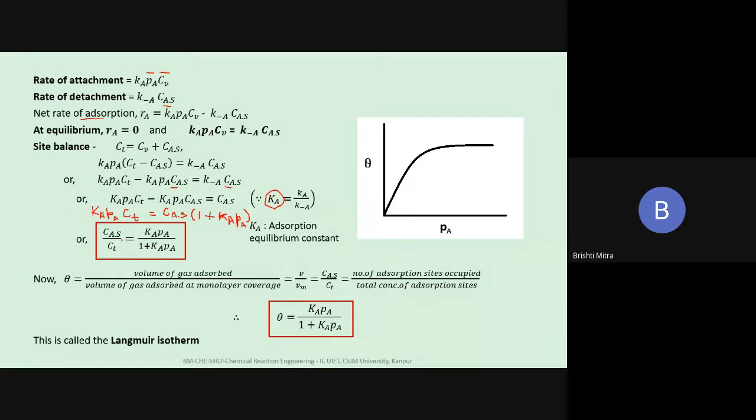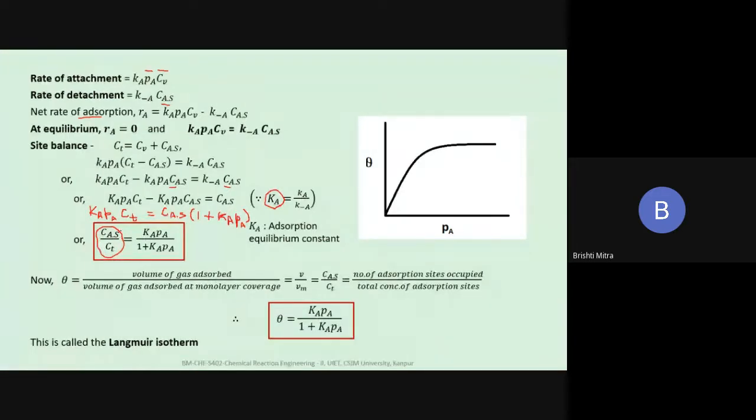Now this term, that is Ca dot S divided by Ct, what does this mean essentially? In the denominator we have the total number of sites, and in the numerator we have the number of occupied sites. So this is essentially a ratio of the number of adsorbed sites occupied to the total number of adsorption sites which are there. This is CAS by CT.